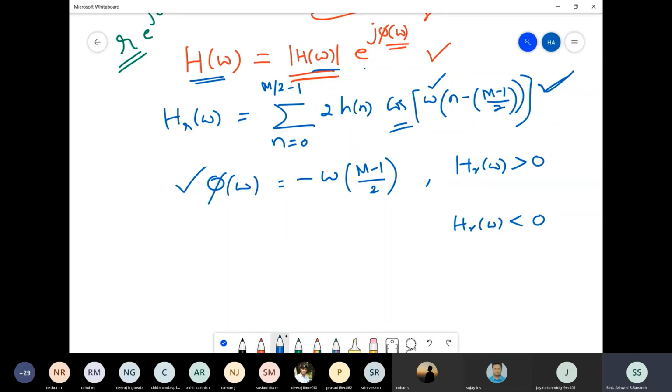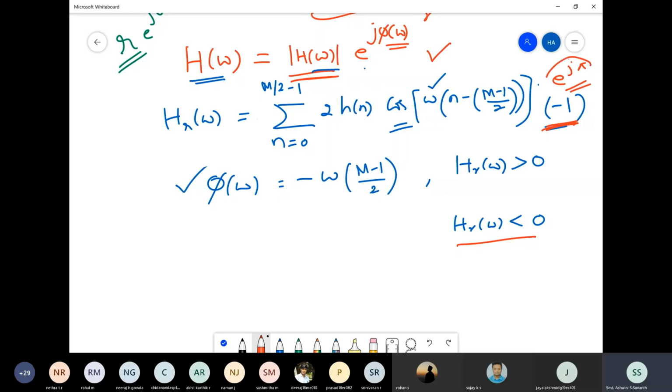So how do we account for this -1 is the question. Can we write -1 as e to the power j pi? Yes, -1 can be written as e to the power j pi. So when HR of omega is less than 0, when it is negative, that -1 can be written as e power of j pi.